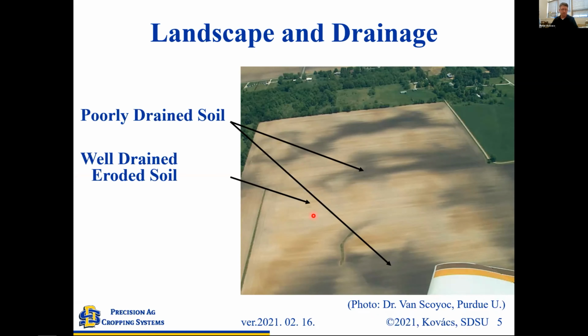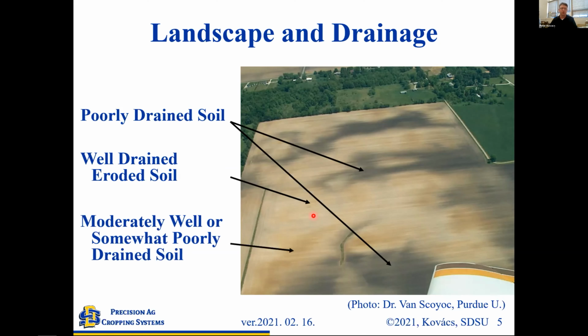If we are in an environment like Minnesota or South Dakota, where we have plenty of wind, erosion could be another issue for those positions. And on the slope, we'll have moderately well or somewhat poorly drained soils, depending on how close we are to the top or the bottom of that slope.